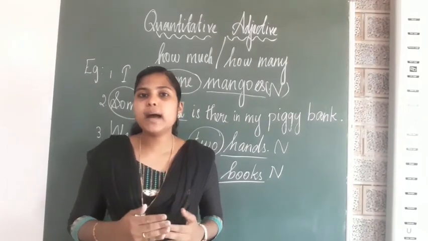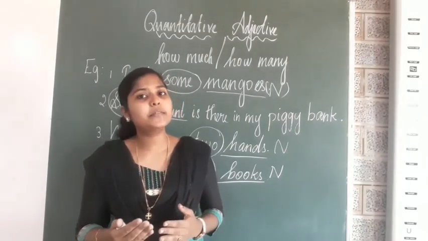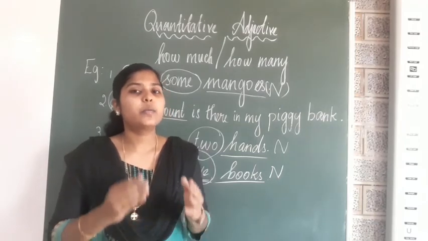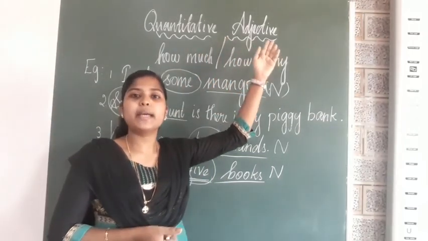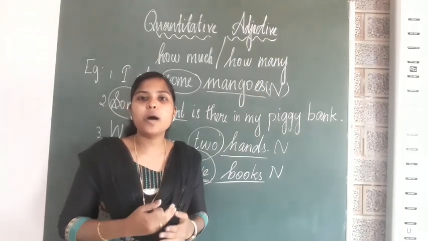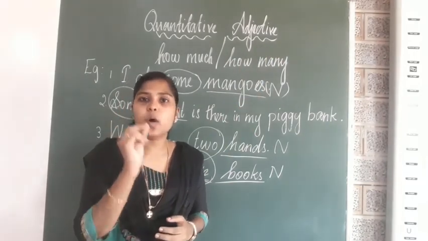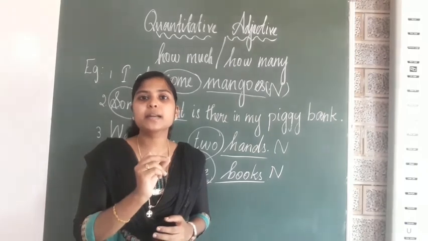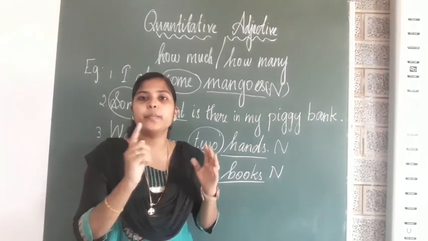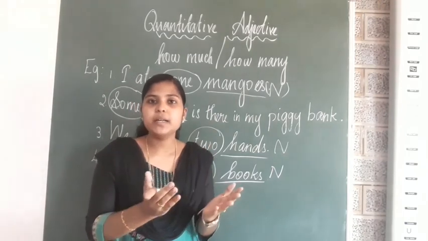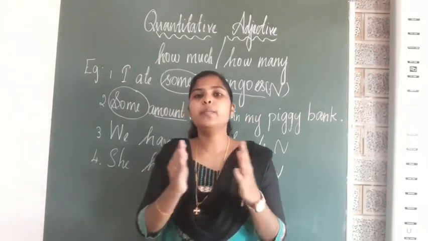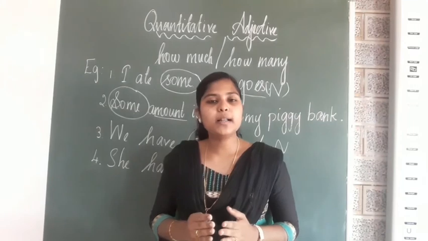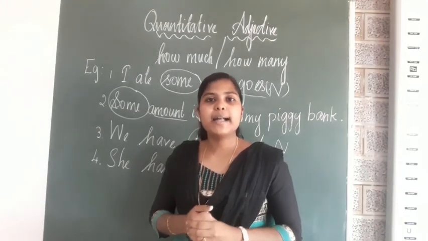So till now we have seen what is an adjective, and now we have seen what is quantitative adjective, or we can say adjective of quantity. An adjective which shows the quantity of a noun or a pronoun is called a quantitative adjective.